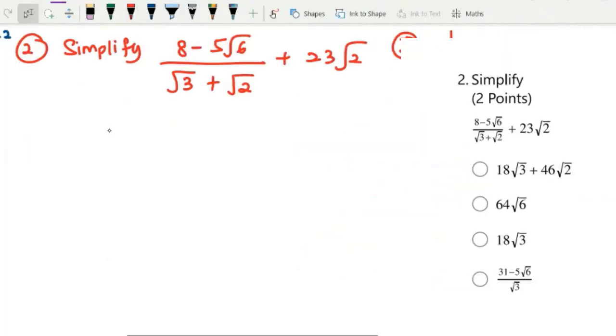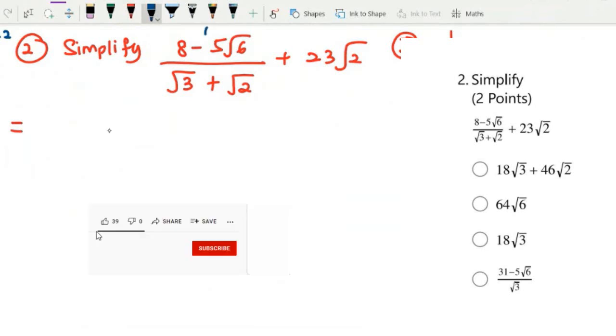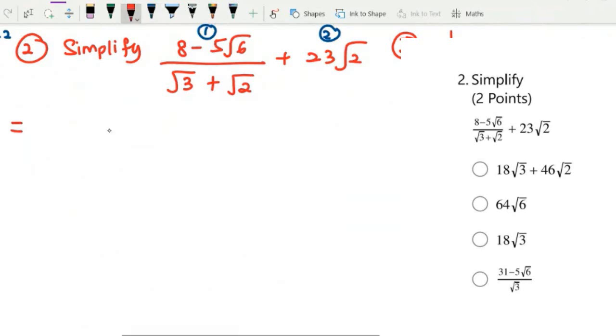Saya sambung terus juga lah ya. Okay, kena untuk yang kita ada 2 term kat sini, term pertama tambah term yang kedua. So untuk term yang pertama nak simplify, memang we have to multiply by the third conjugate lah. Okay, so 8 minus 5 third 6 over with third 3 plus with third 2 to multiply by its third conjugate of siapa?